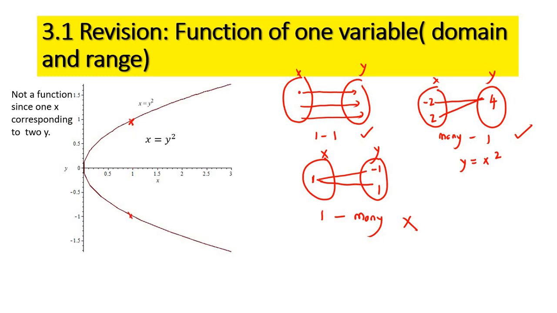When x is 1, y is 1, and y is -1. One-to-many. This is not function. Many-to-one, for example x -2 or +2, you map to 4. That's why the graph just now, quadratic graph, y equal to x squared is function. This one is not function. Is it clear?